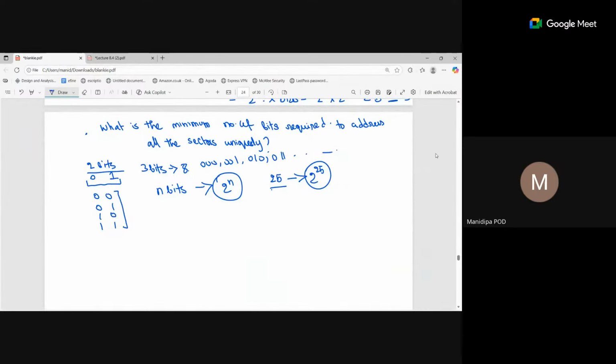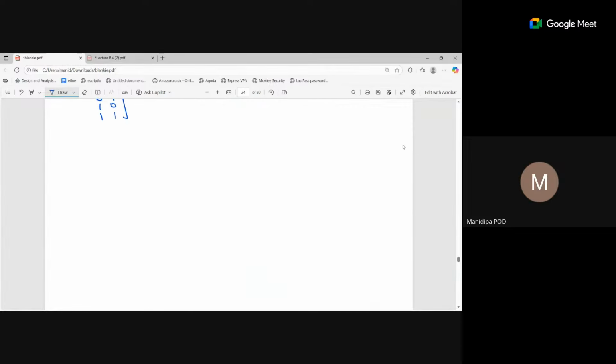Okay, so this one is over. Now let's go for the next question. Just do this carefully. Look at the data that is given. So given the rotational speed of a disk is 6000 RPM.